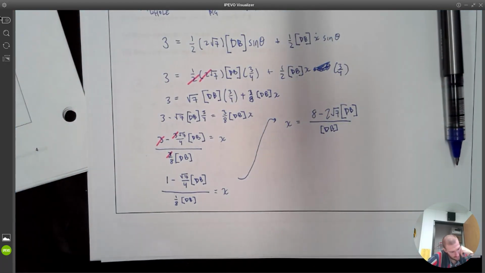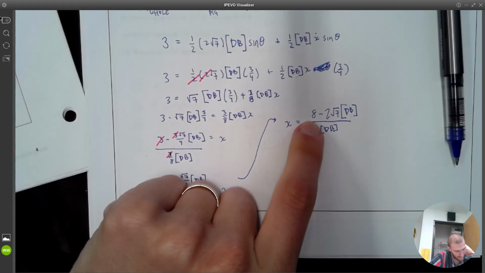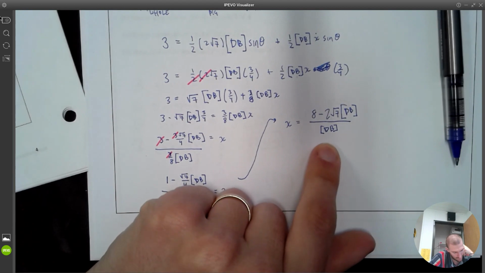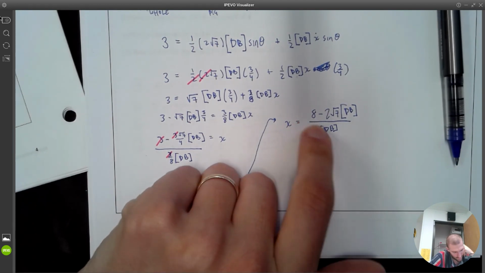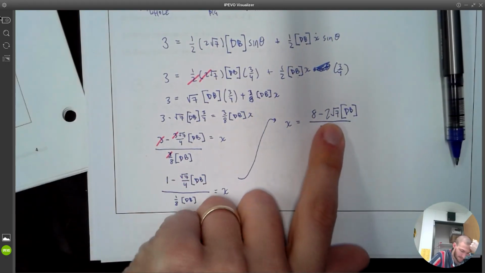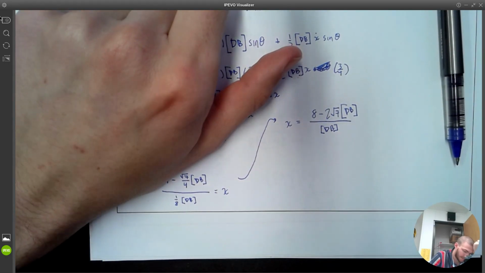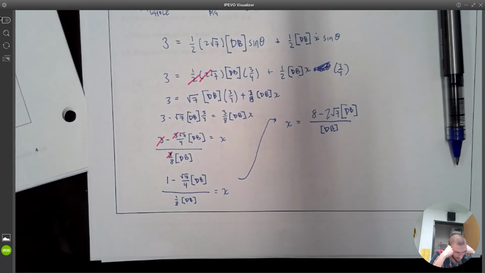Again, I can't cross those dBs out because this 8 does not have a dB. I could divide everything by dB, but then I would just have an 8 over dB, and that's not very good either. I do have this 2 square root 7, which showed back up again, which was in the question, but I don't see how that helps me at all.